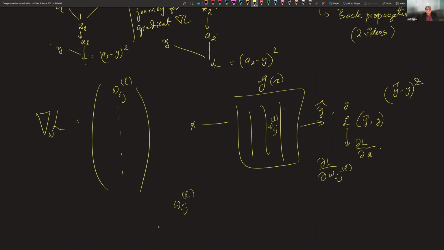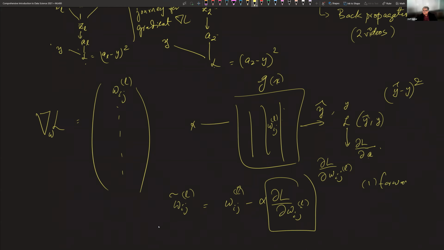Once the gradients are computed, the next thing is just to take the learning step, because this is the only thing that you need to be able to take a step of learning, or wiggle the weights a little bit to improve the loss. So the steps are: one, forward.